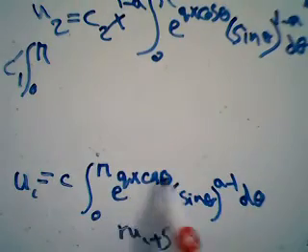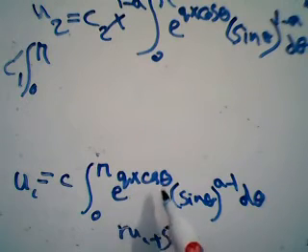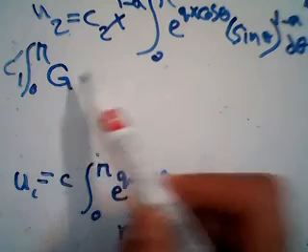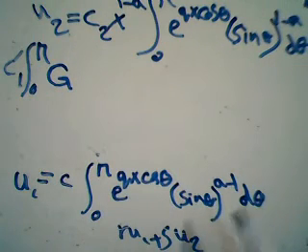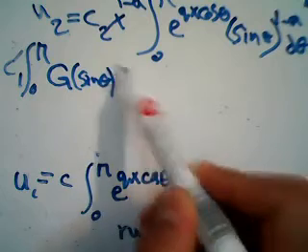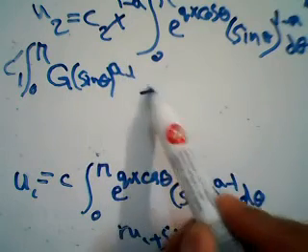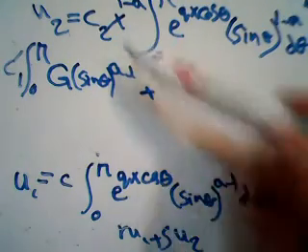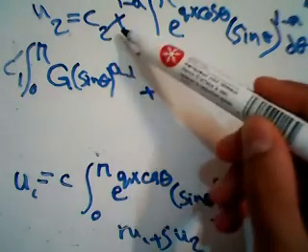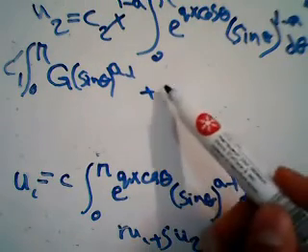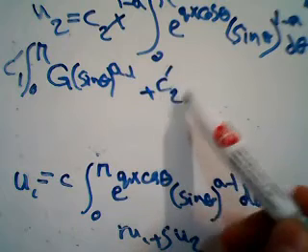And let's call this e to the qx cosine theta as g, for the sake of writing. g times this sine theta to a minus 1, plus s times u2 would be s c2 times the rest, and let's call s c2 as c prime 2.